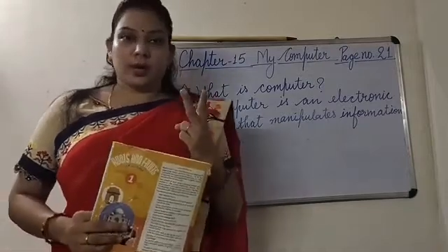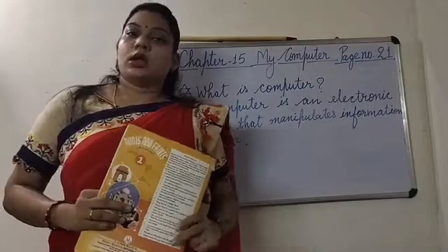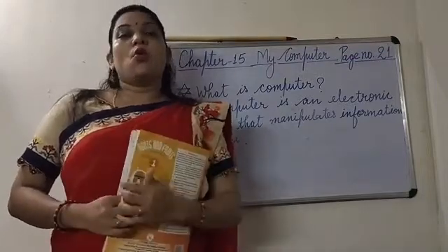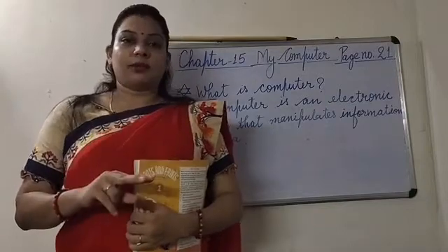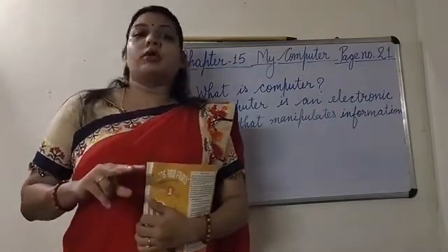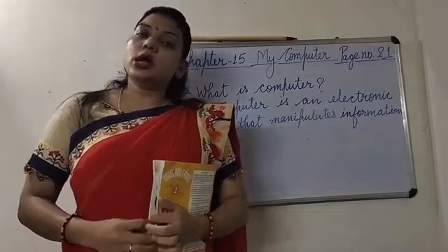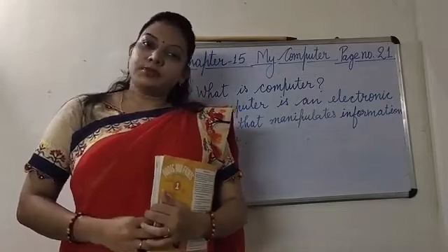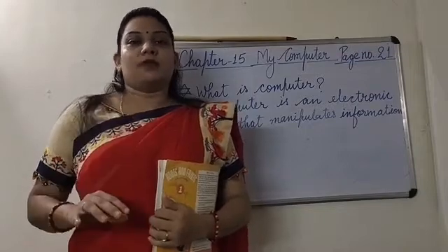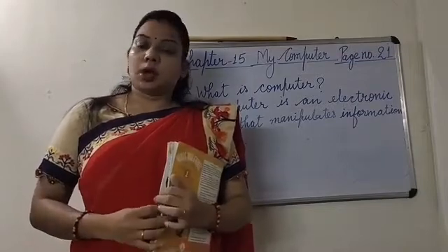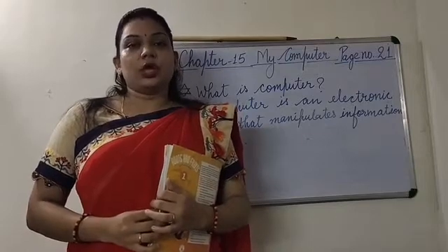It has two buttons, left and right. When we click on the left side, it is called left click, and when we click on the right side, it is called right click. We can select or go anywhere by clicking through the mouse.